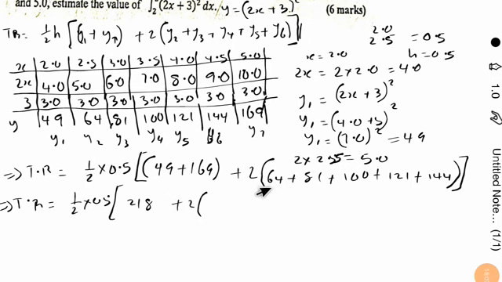When you add all this together, 64 plus 81 plus 100 plus 121 plus 144, the answer is given as 510. Close bracket and close big bracket, and therefore this one becomes, let's open the bracket here.